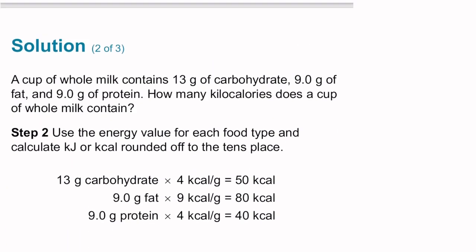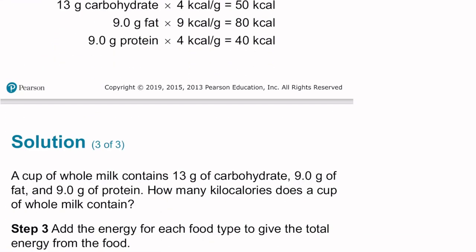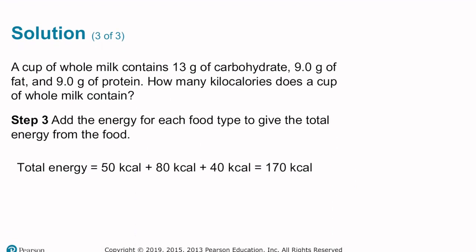So we can multiply 13 times 4 to get 50, 9 times 9 to get 80, and 9 times 4 to get 40. When we add those together, we get 170 kcals. Of course, these values were rounded to one significant figure, so they may not be exact.